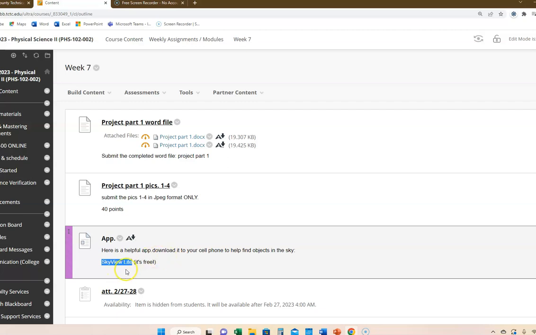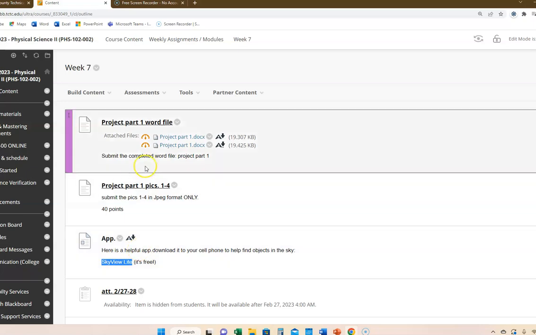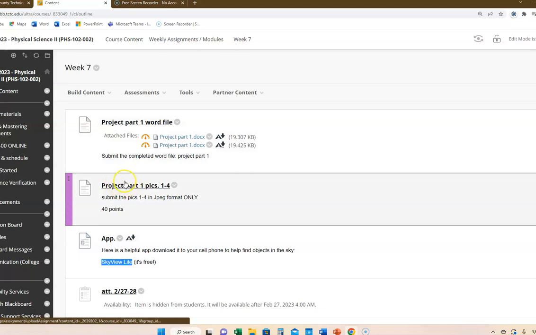One of the things that you're going to be able to do is obviously you'll know where the moon is. That's not a problem. But you're going to take a picture of the moon, right? That's what project part one is. Not just any picture of the moon, I'll be more specific about it.